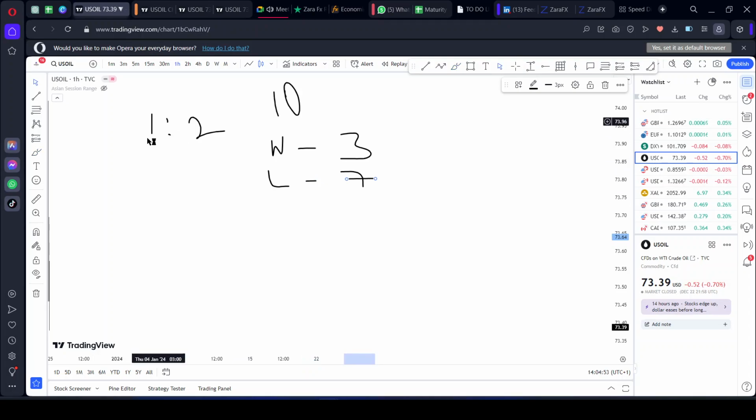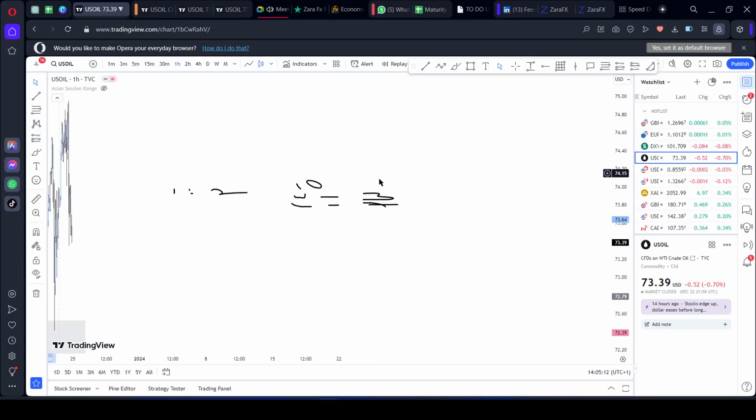Let's use numbers. Let's say it is a $100 account, and I'm risking 2% per trade. 2% of $100 is $2. Let me use a different tool.